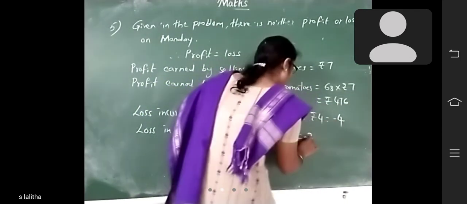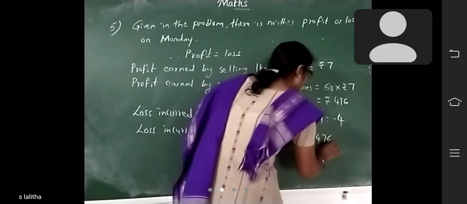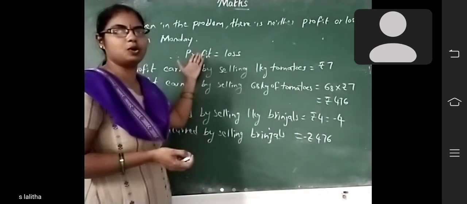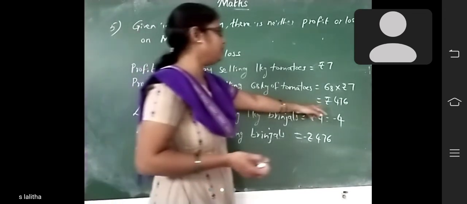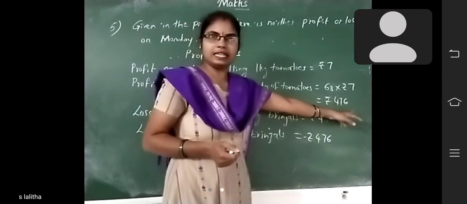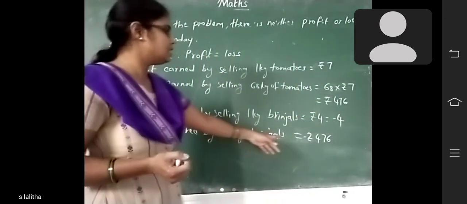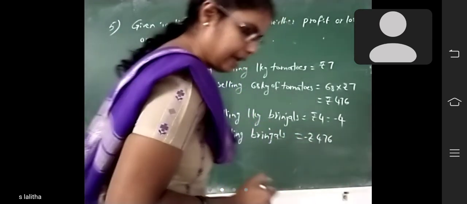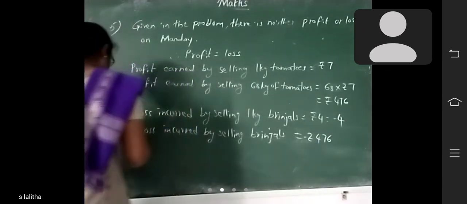Loss means you should write minus 476 rupees, because profit is equal to loss. So the profit is 476 and the loss of brinjals is also minus rupees 476.